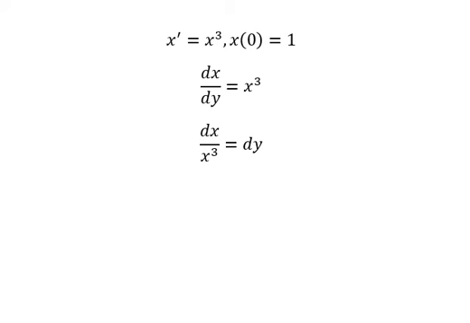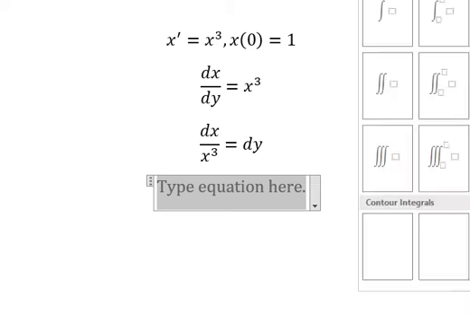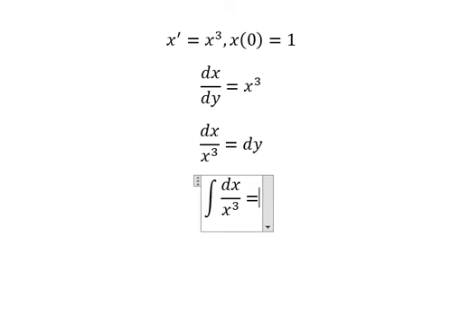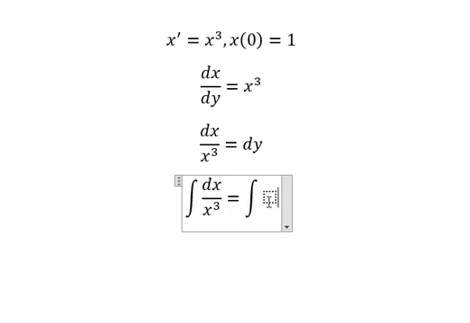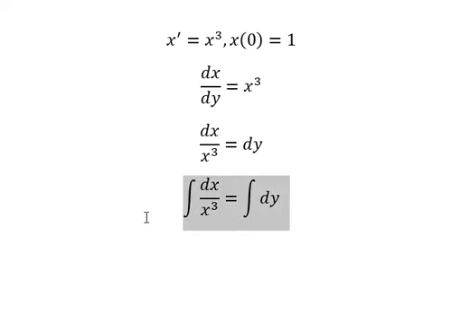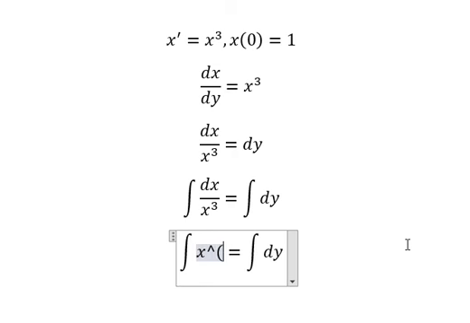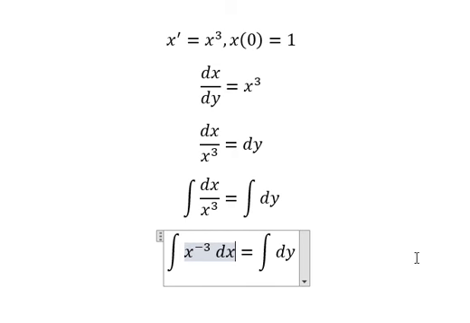Next, we need to integrate both sides. This one we can change to s to the power of negative 3 ds.